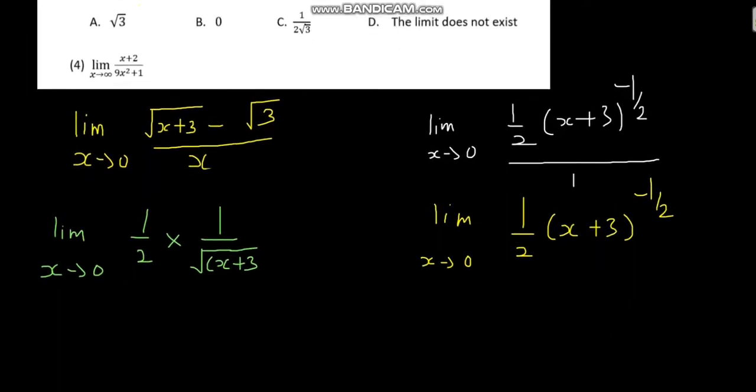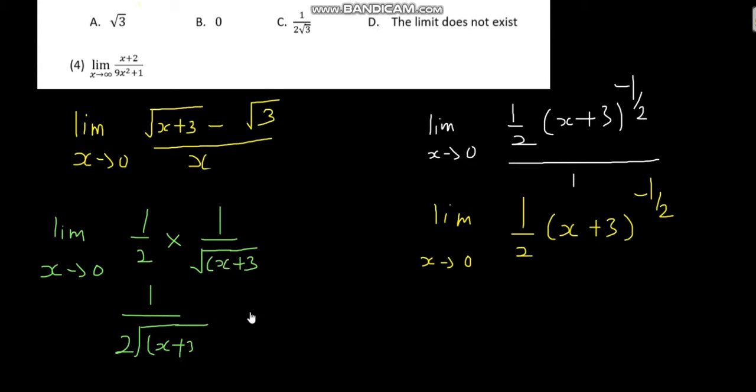Now let's see what happens here. I can substitute the value of 0 inside. So this now becomes 1 over 2 times root of x plus 3. 1 times 1 is 1, then 2 times the square root of x plus 3.